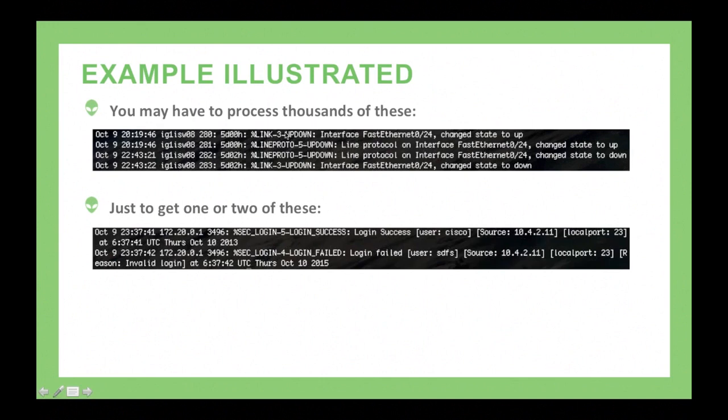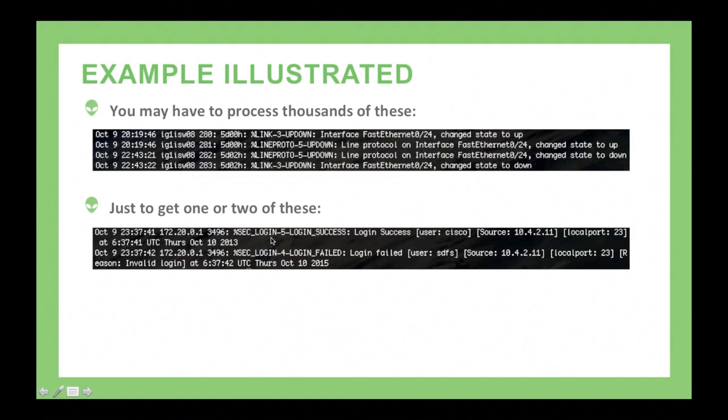And the fact that there's a severity of 3 and a severity of 5 associated with each of these is kind of a bummer, because the significance of these log messages is basically saying, hey, this is a really important log message, when if you look at a severity of 5 for a login success, they're basically saying an interface changing state from up to down or from down to up is more important than a login success in the device, right?